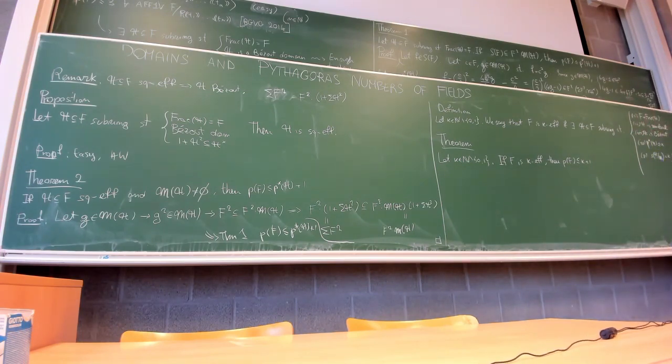So let me make a couple of remarks. I was starting from that weird condition that we don't know exactly how to tackle, that any sum of squares can be rewritten as a square times an element in this H. And now I'm assuming that there exists a subring with these conditions, and these conditions are much more normal somehow.